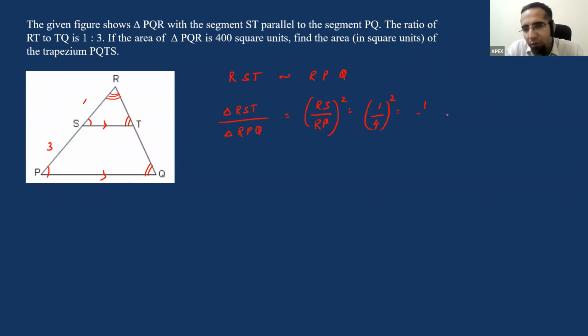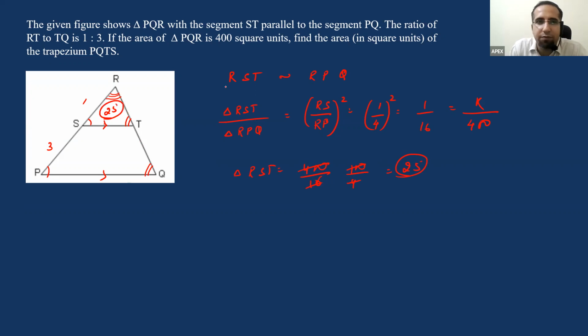So 1 by 4 whole square, that becomes 1 by 16. Now I do not know the value of RST, but I know that the value of RPQ is 400. So the area of the triangle RST will be equal to 400 divided by 16. That is 25. So this triangle has an area of 25.